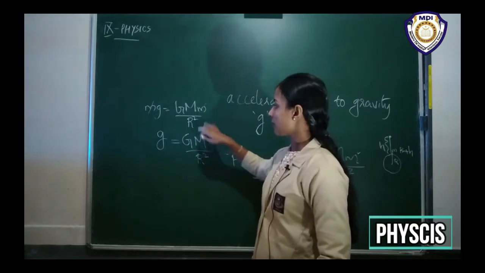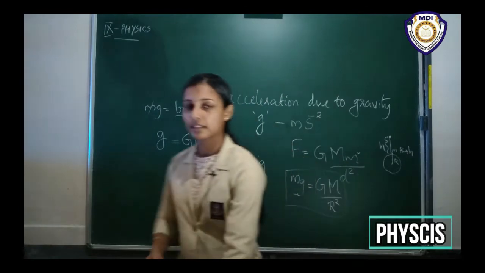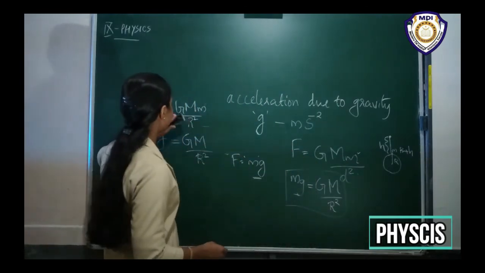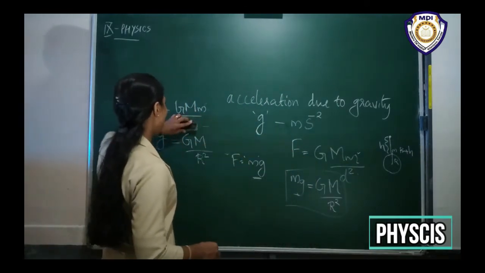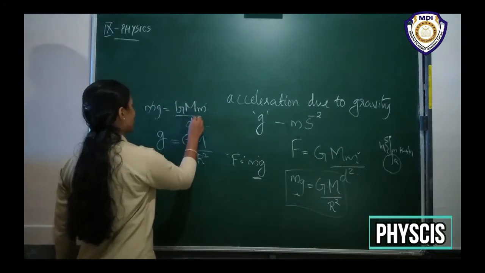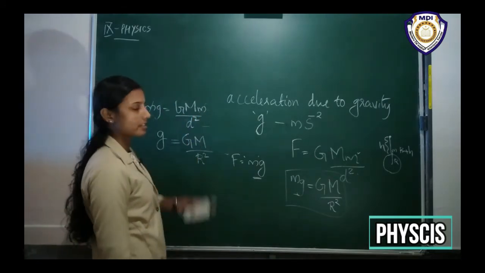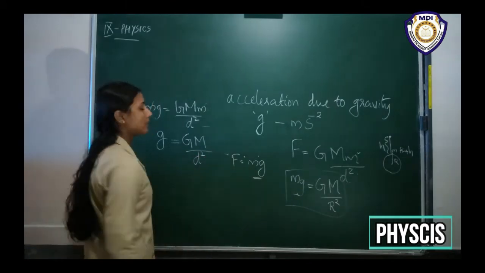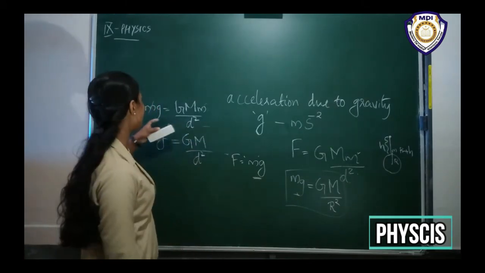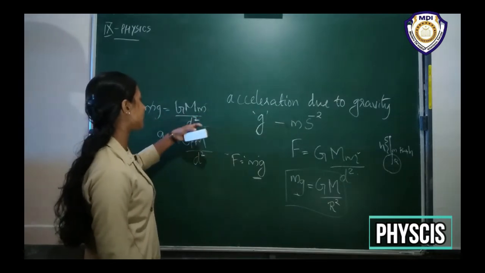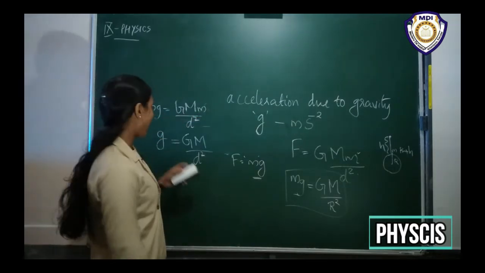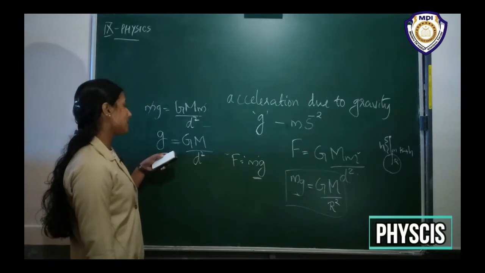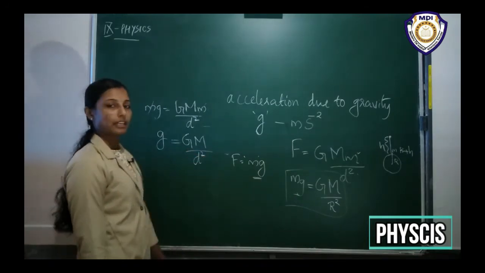Okay, that is, here we replaced the d square with r square. Okay, so d square, if it is d square, we can write this as d square. If we keep it as d square, then mg is equal to gmm divided by d square. And from that we get g is equal to gm by d square.